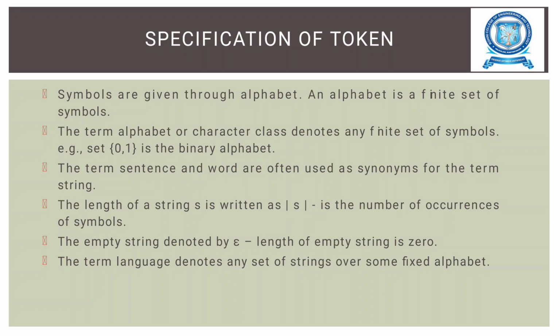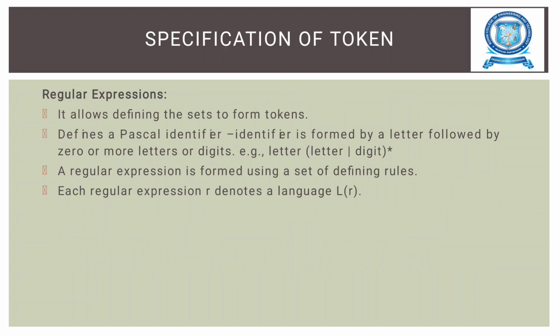The set of alphabets is the characters, which may be 0 or 1 or the alphabets A, B up to Z, any alphabets. A string is a collection of characters, and the empty string is epsilon. The term language is denoted by a set of strings over some fixed alphabet.